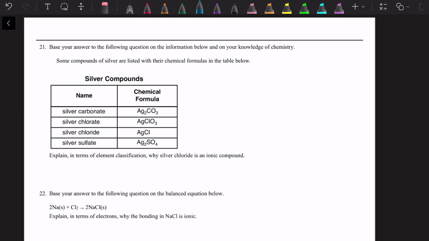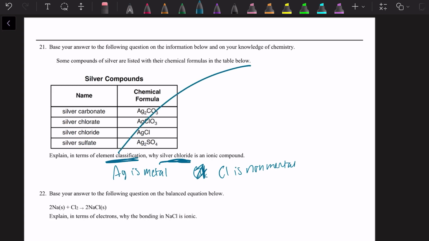So on to the short answer real quick. Number 21, explain in terms of element classification why silver chloride is an ionic compound. Silver is a metal. Chlorine, just do the symbol, is a nonmetal. And so when asked for element classifications, how are elements classified?